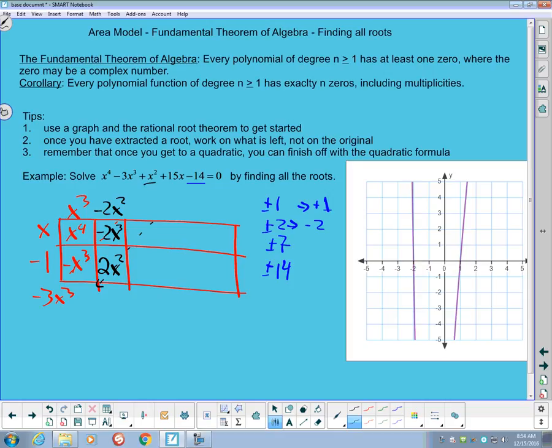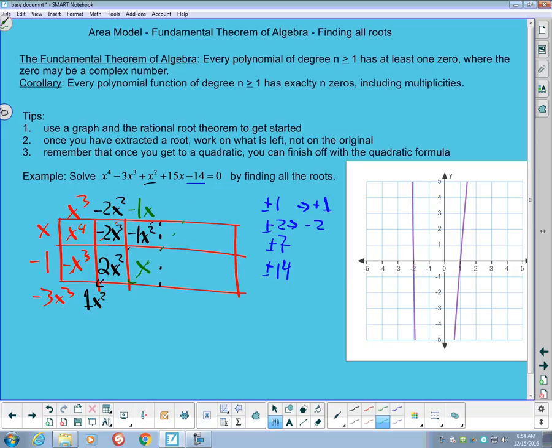And the x squareds, I'm supposed to end up with exactly 1 x squared. So that must mean I have a negative 1x squared here. And if that's a negative 1x squared, then this must be a minus 1x, which makes this a positive 1x.